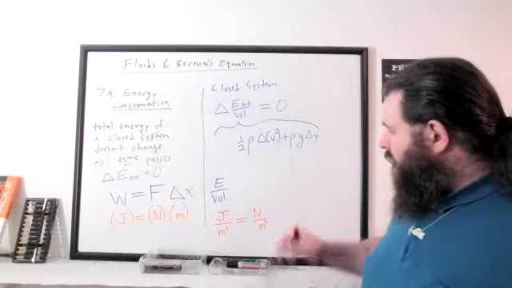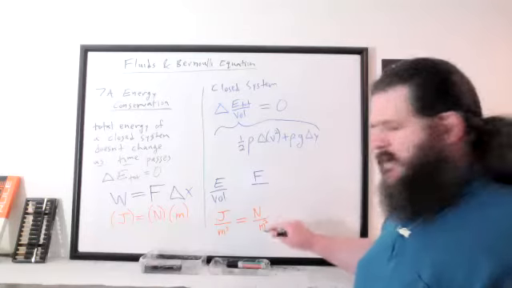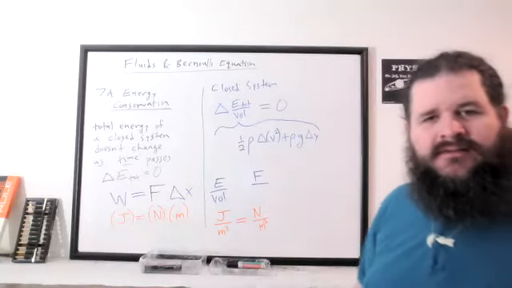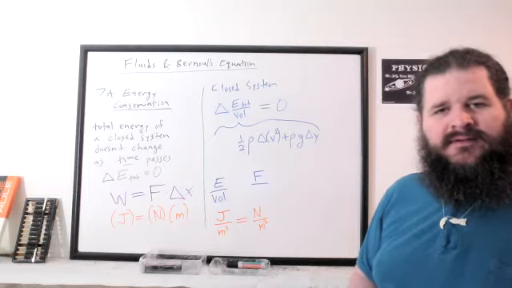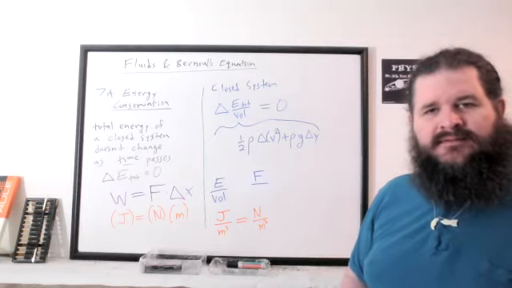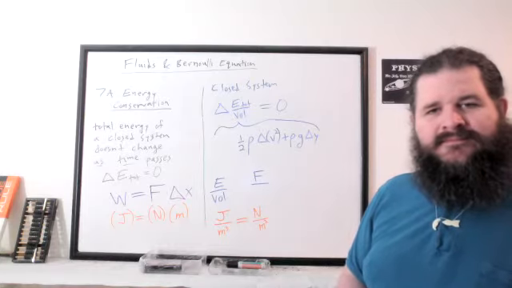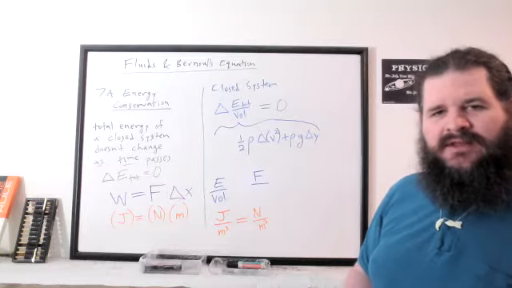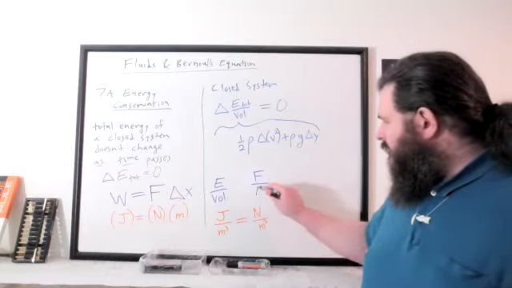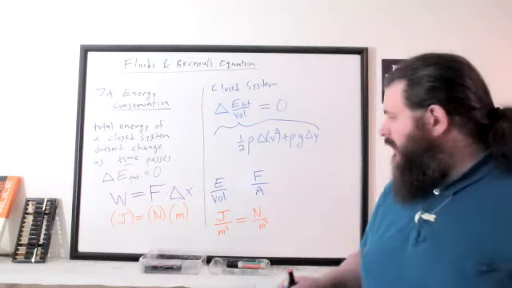And newtons is a force. Meters squared is measuring what? What's that a unit of measurement for? Yeah, this is area, right? Meters times meters, that's a distance times a distance, so you get an area.